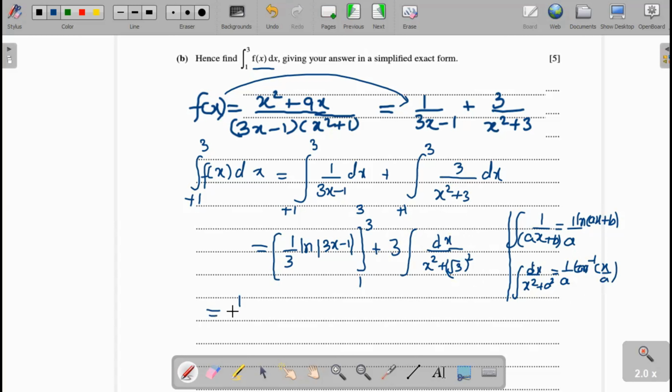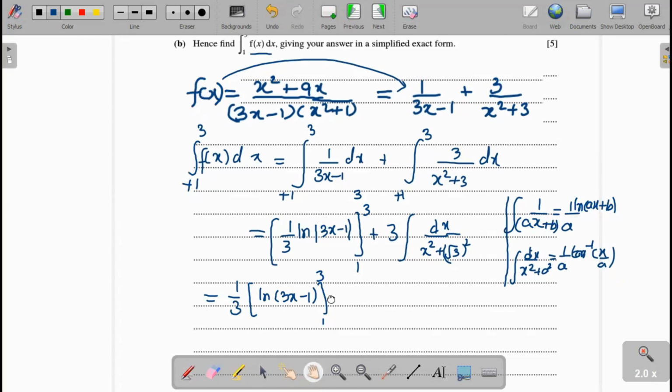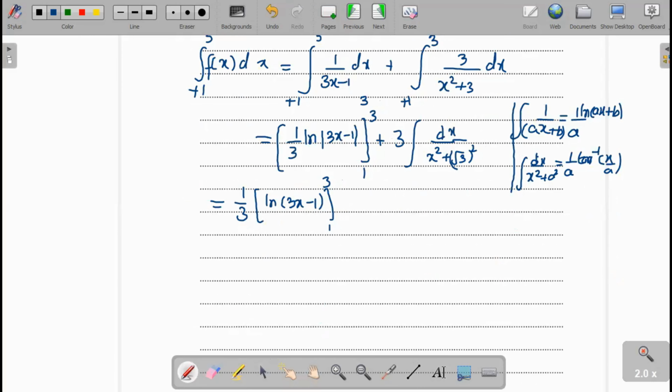Now here we write it 1 over 3 into ln 3x minus 1, from 1 to 3, plus 3 into the integral. We use this formula: 1 over x squared plus a squared dx equals 1 over a tan inverse x over a.